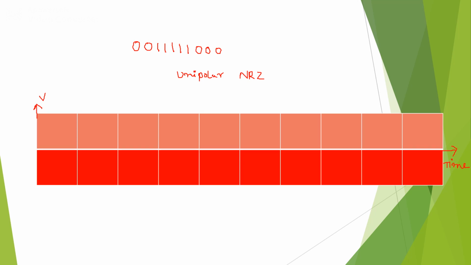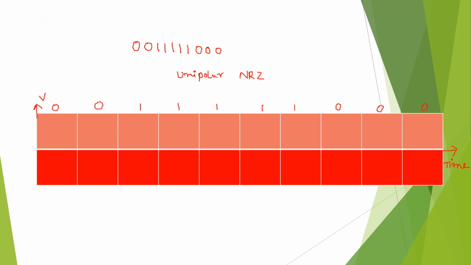So first we can represent the pattern as it is: 0, 0, 1, 1, 1, 1, 1, 0, 0, and the last bit is also 0.